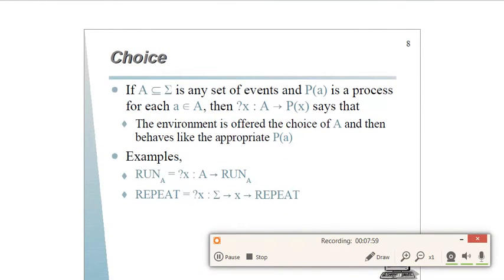Now we have a choice function in CSP where A has a choice in a set of events. If the process P belongs to A, then X gives a choice such that the environment is offered a choice of A and then behaves like the appropriate process. Like X gets a choice where X belongs to A and then it behaves as a process of it. Okay.